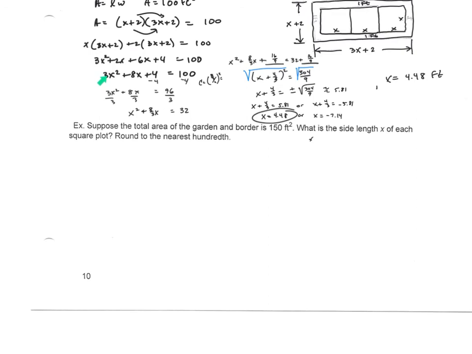So we're going to have 3x squared plus 8x plus 4 is equal to 150. I can take that, bring it down here, and go ahead and work with it. So we know that that is going to be equal to 150 feet squared.